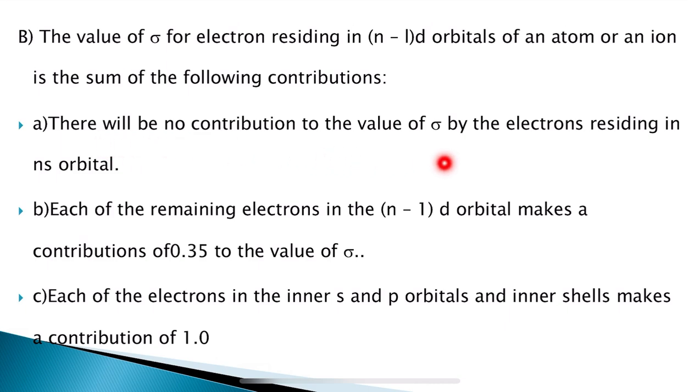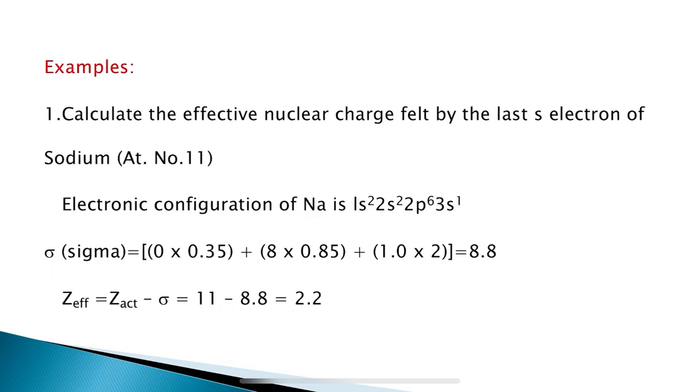There will be no contribution to the value of sigma by the electrons residing in the ns orbital, whereas each of the remaining electrons in the n-1 d orbital makes a contribution of 0.35 to the value of sigma, and each of the electrons in the inner s and p orbitals and inner shells makes a contribution of 1. So now let us take up some examples and calculate the effective nuclear charge so that we can understand Slater's rule in a better way.